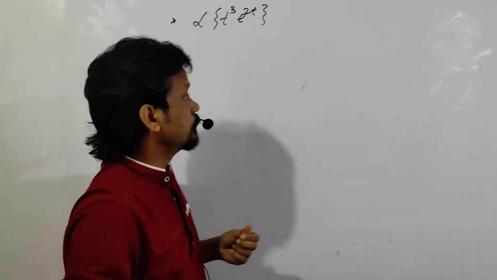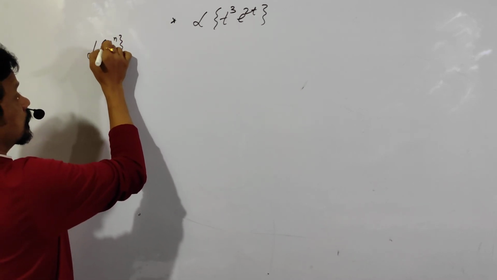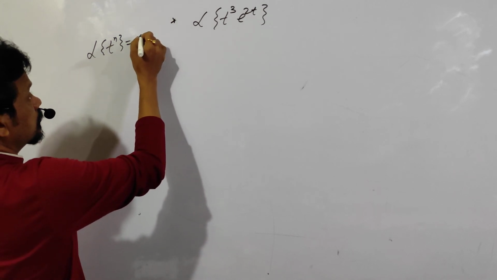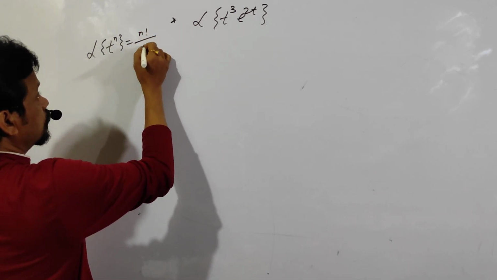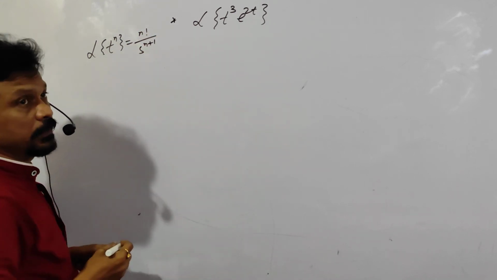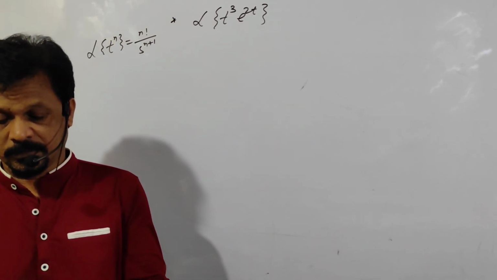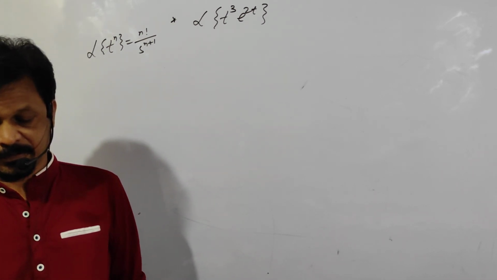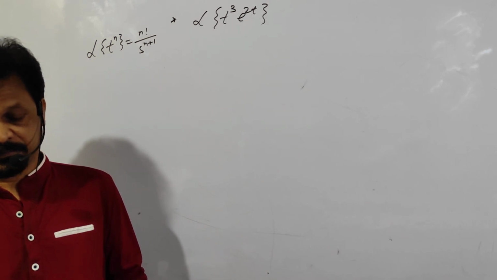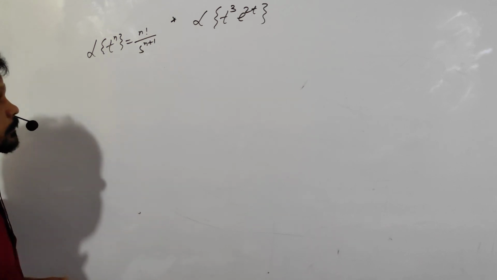So, as I have told you, what is the Laplace of t to the n? What is the formula? Factorial n by s to the power n plus 1. Yes, factorial n divided by s to the power n plus 1.